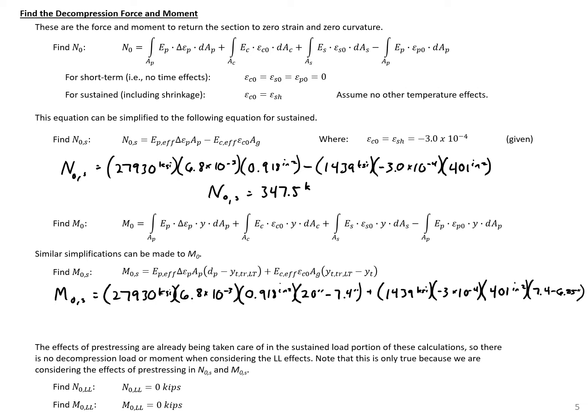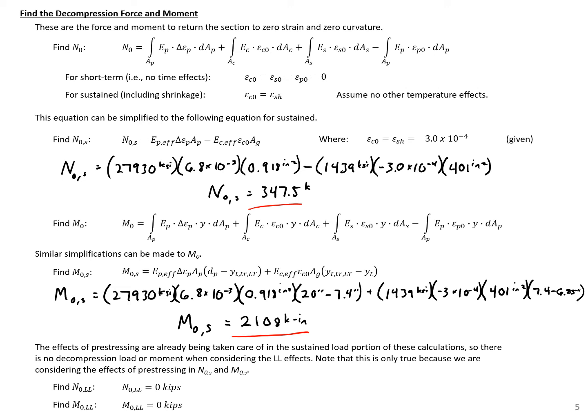So this is going to give us an M not sustained equal to 2,108 kip inches. So this will be the M naught sustained that we use and the N naught sustained that we use on the next couple steps.